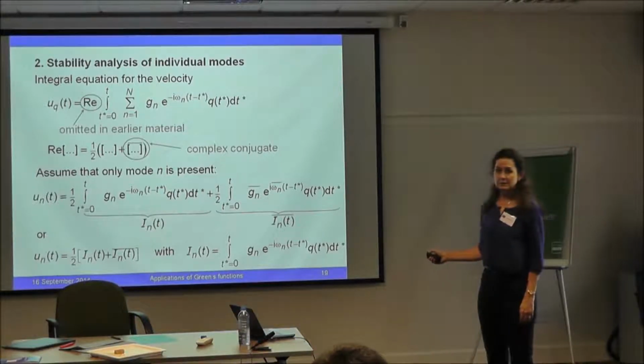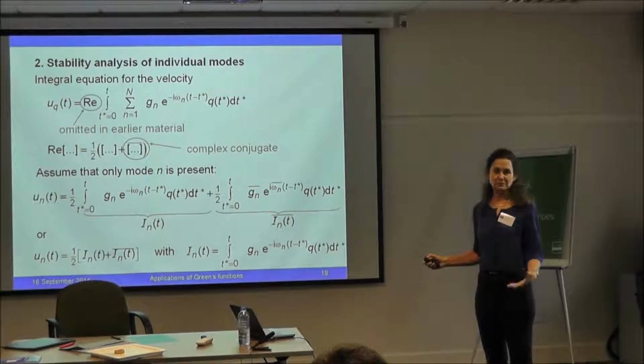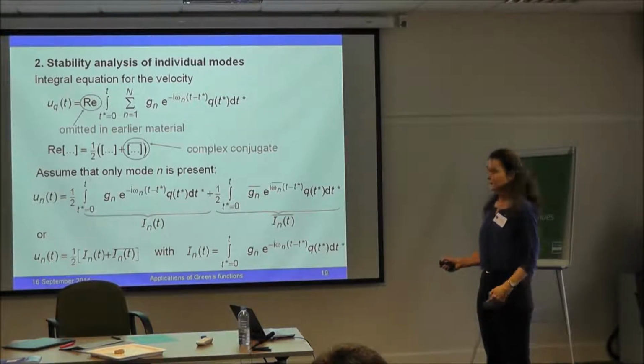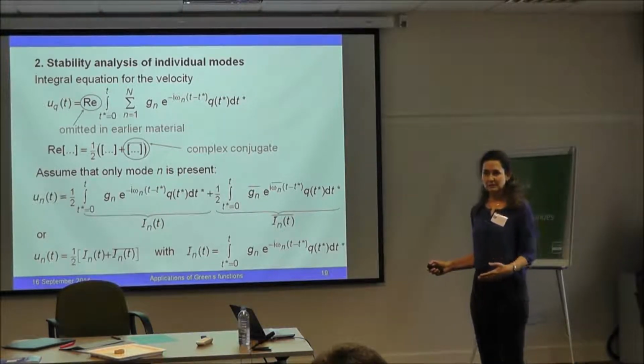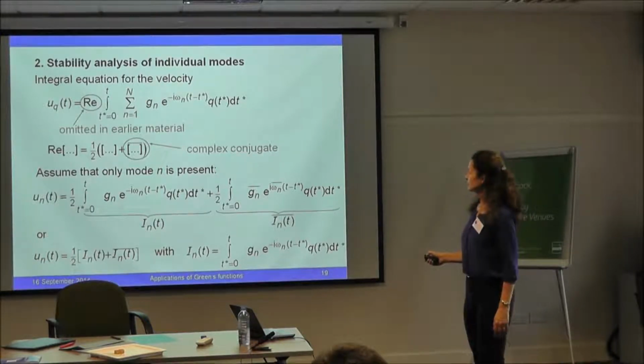That was implicit all along, so it's a standard convention. You just ignore the real part with the understanding that it's there. In some cases you have to be careful and really take it into account explicitly, and this is one of these cases. So there's nothing new here.